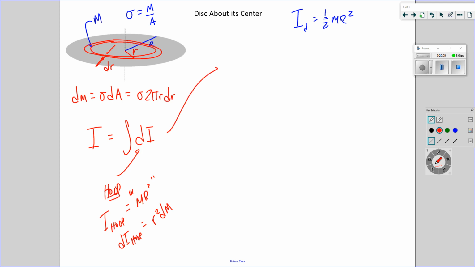So then, when we say I is the integral of dI, well, okay, so we are still r squared dm.